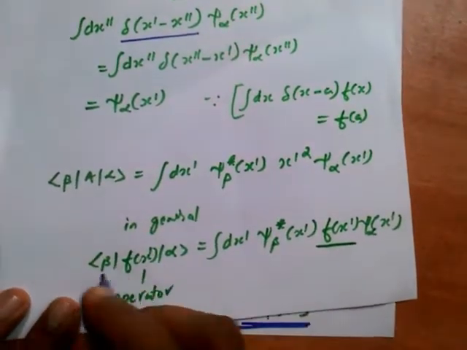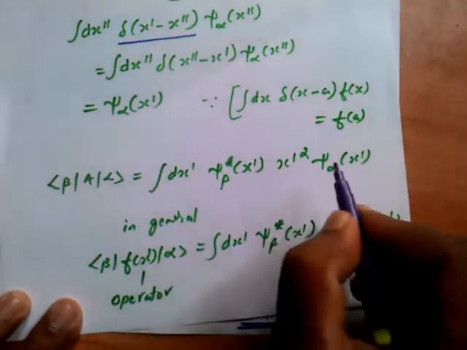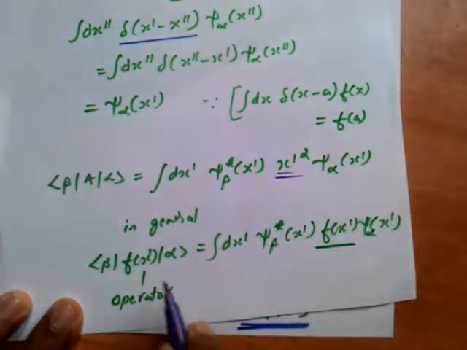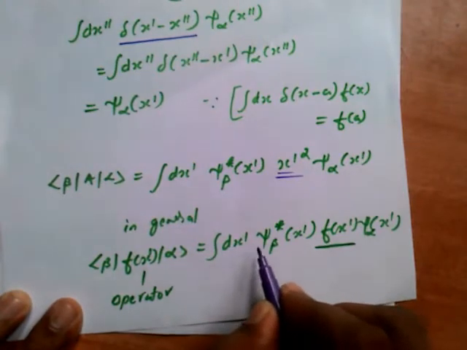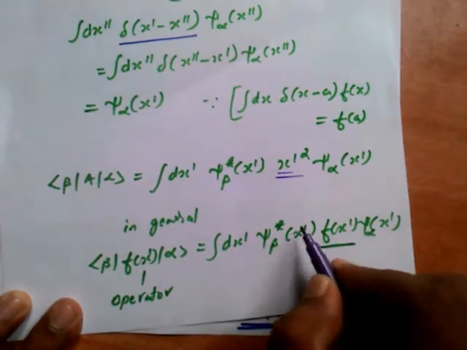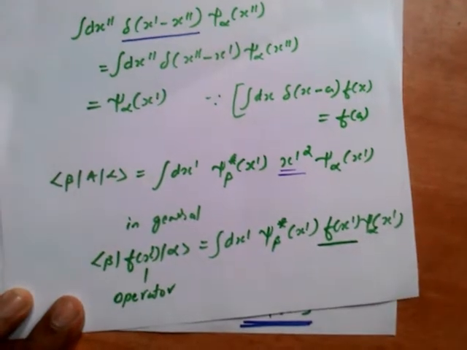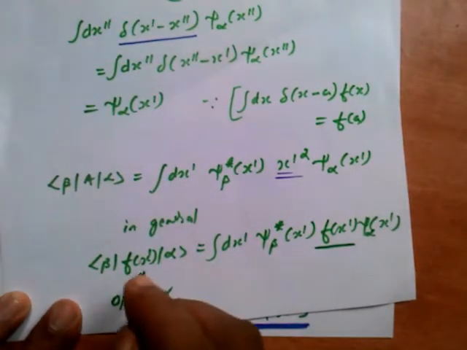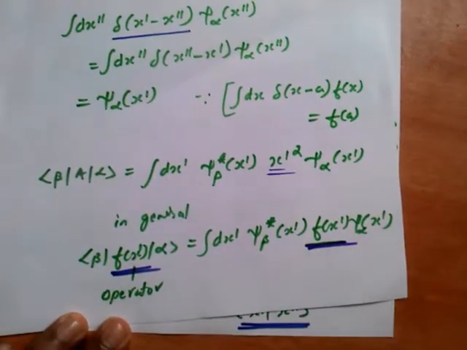In general we can write beta, f of x dash, where this is a function of x dash, alpha equal to integral dx dash psi beta star of x dash, f of x dash, into psi alpha of x dash. On the left side it's an operator. On the right side, it's not an operator.